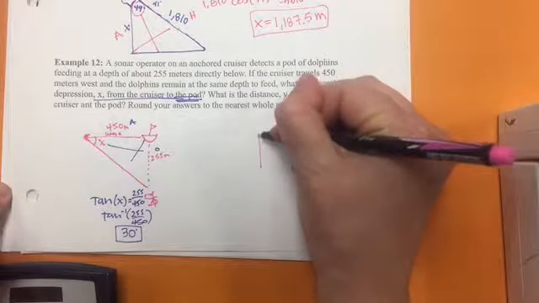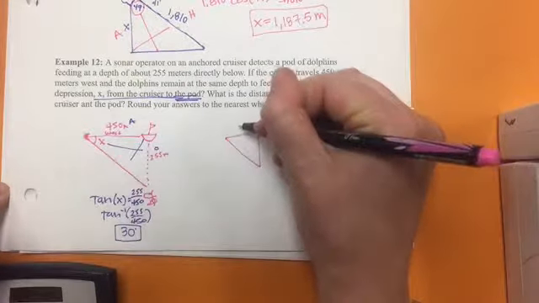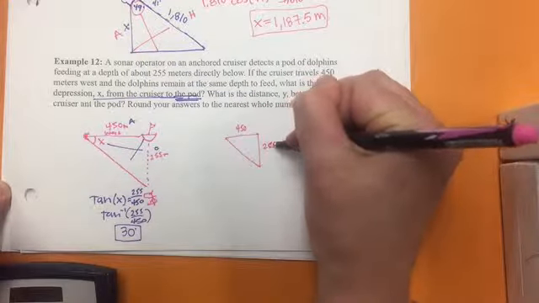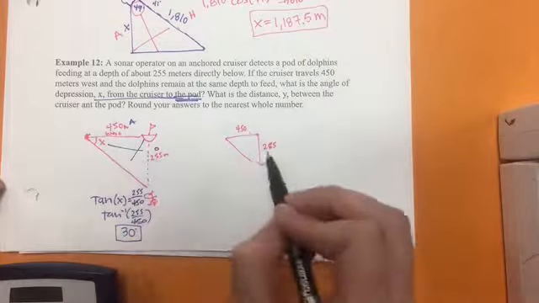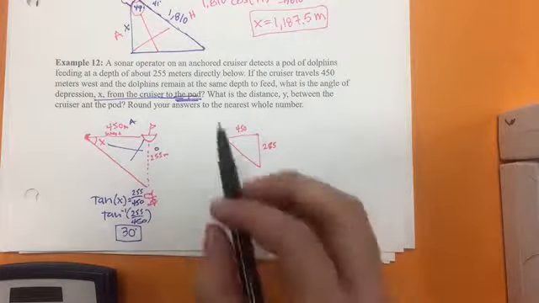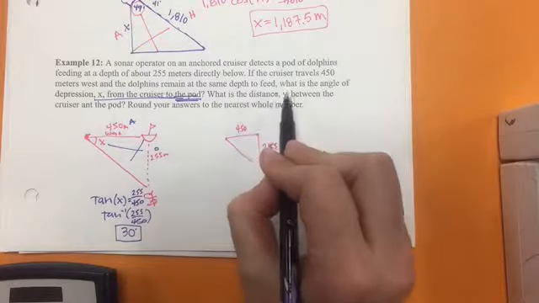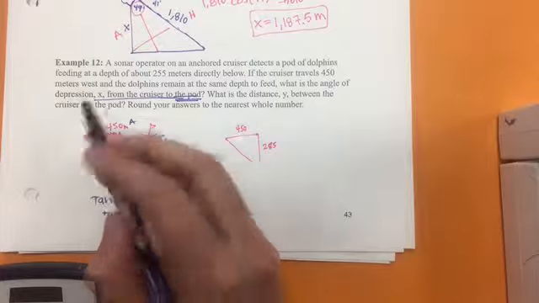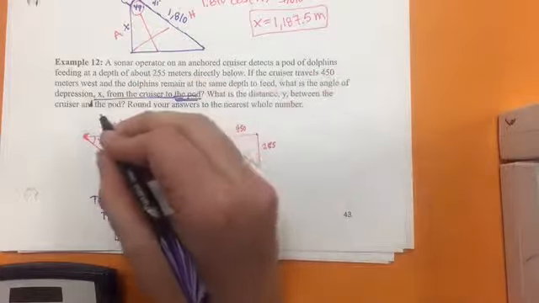So I'm just going to redraw my 450, 255. I'm just redrawing the pink. What is the distance y between the cruiser and the pod?